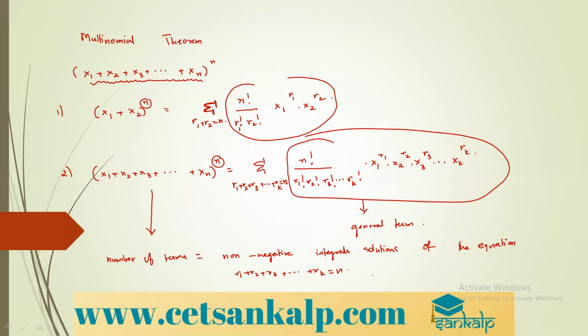And what is that equal to? Already you have learnt in permutations and combinations. Total you have k terms. So the number of solutions will be n plus k minus 1 C k minus 1, and that only will be the number of terms in the expansion.